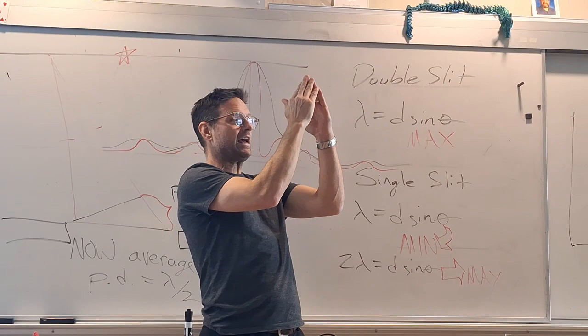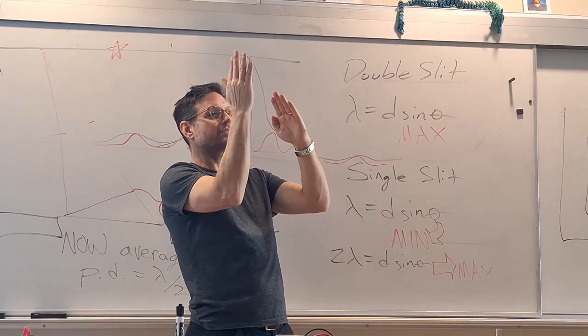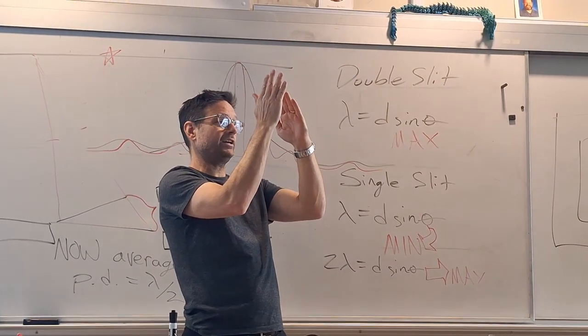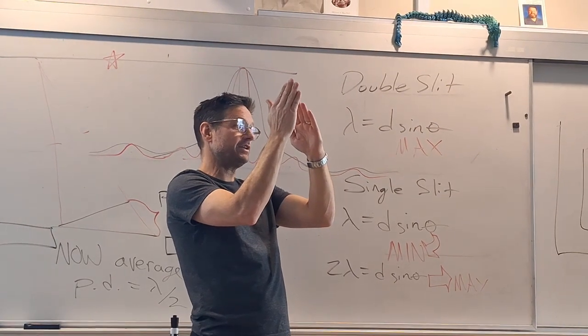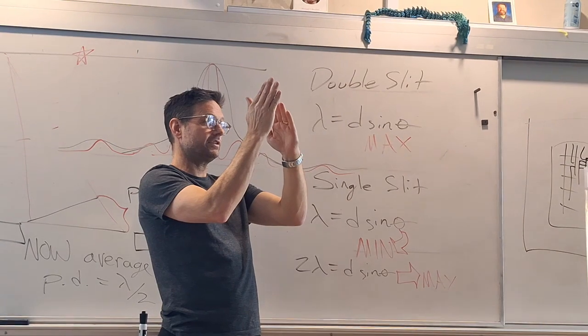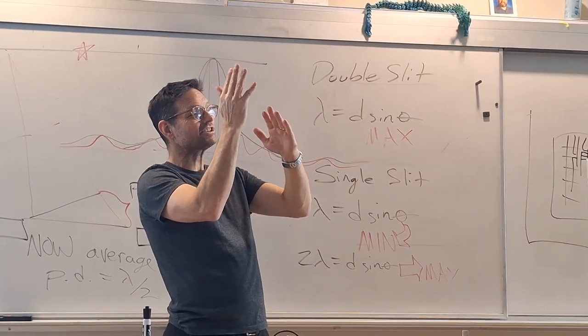Because as your path difference moves, when you get to lambda, you're going to have the bright spot. When you're at half lambda, your peaks are lining up with troughs and your troughs are lining up with peaks, and it's dark. So at lambda over 2, it's dark. In between, it's actually not dark.